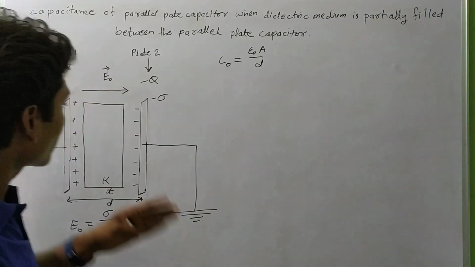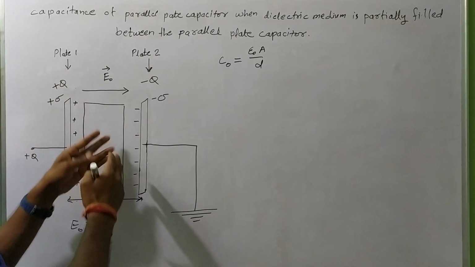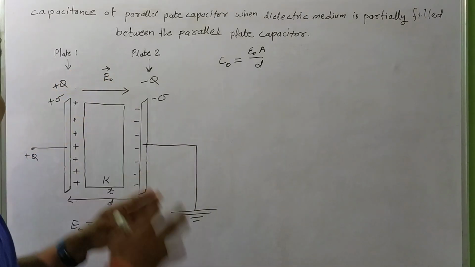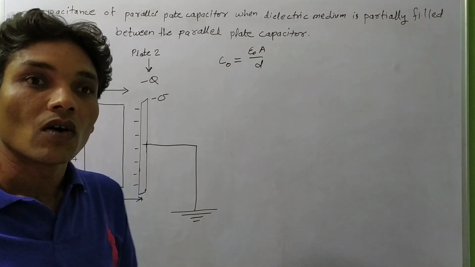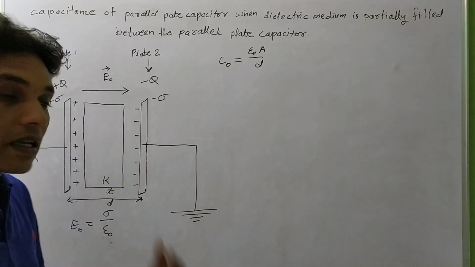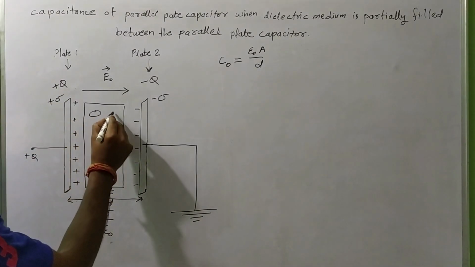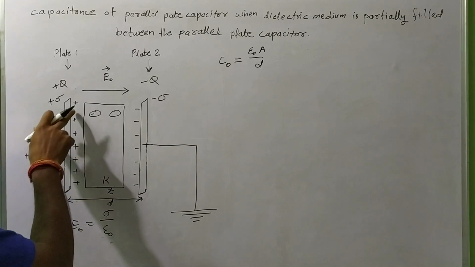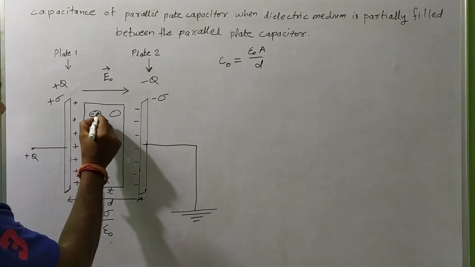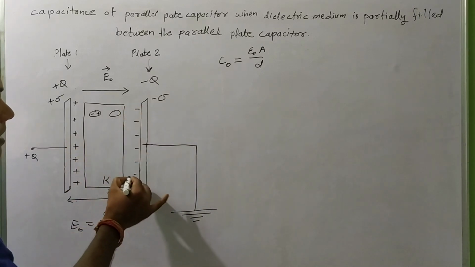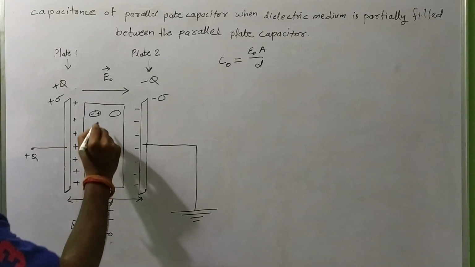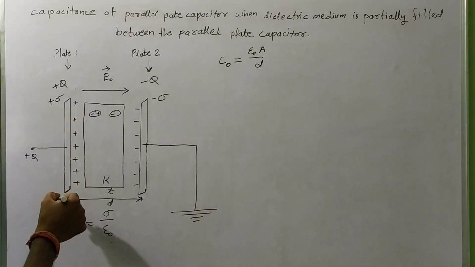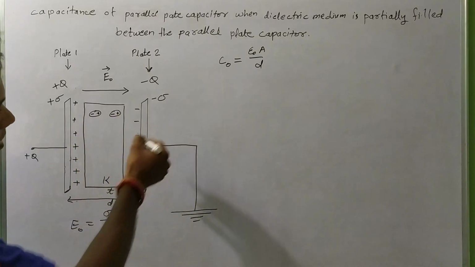Under the influence of this electric field, all the atoms of this dielectric material will be polarized. For each atom, the negative charge center will be attracted towards the positive plate, and the positive charge center will be attracted towards the negative plate.